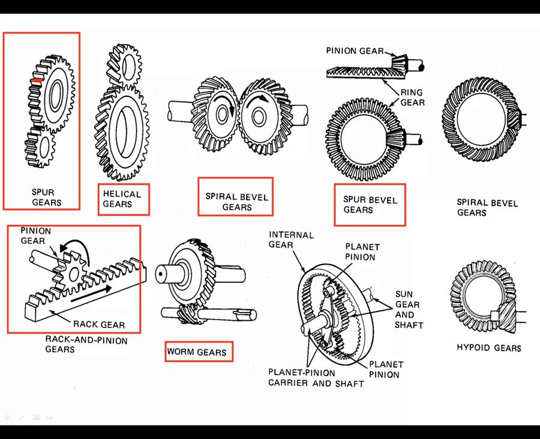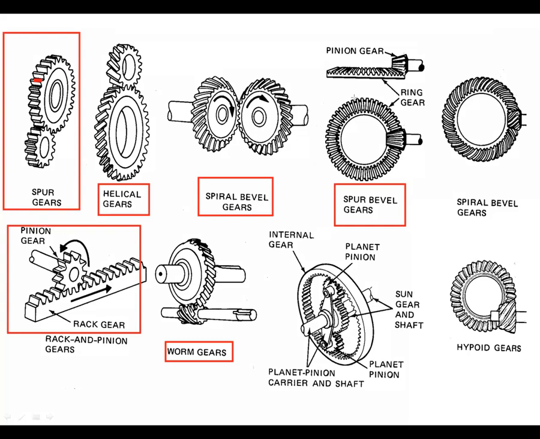Then the bevel gears are used to transmit the power where the shaft positions are perpendicular to each other. And in pinion and rack, a rack gear is a straight gear having infinite diameter, and pinion is a small gear.